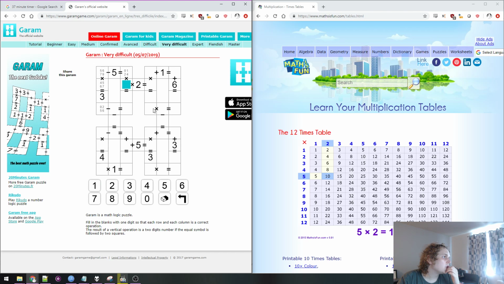So it can't be 0 or 1, because it has to multiply to a 2-digit number. So therefore, this has to be not 5 or 6. Oh, there was also 8 times 4. Good gosh, this is what runs me into trouble.